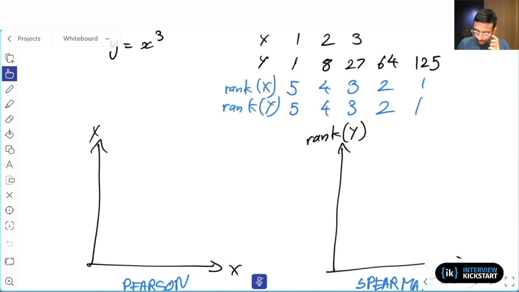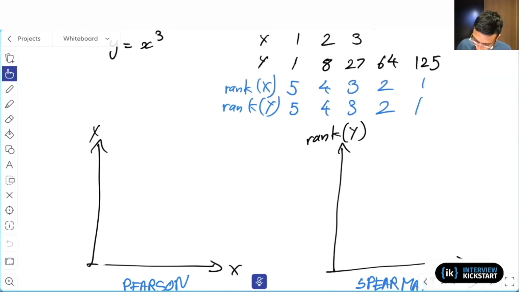So what are we going to do? Let's plot them. When we plot them, we see we have 1, 1, 2, 8, 3, 27, 4, 64, 5, 125. Let me stretch it out a little bit.